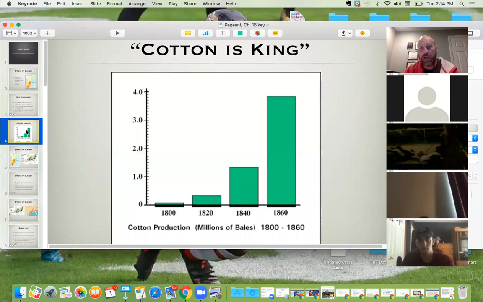Okay, so cotton is king. You've probably heard that phrase before. The South used to yell this, and as a matter of fact, they kind of yelled it as an error leading up to the Civil War because they believed that because cotton was king, that they could secede and be as successful economically as they were when they were in the Union. That doesn't turn out to be the case. The industrial might of the North will be a key factor in winning the Civil War, but you can see the production of cotton from 1800 to 1860.